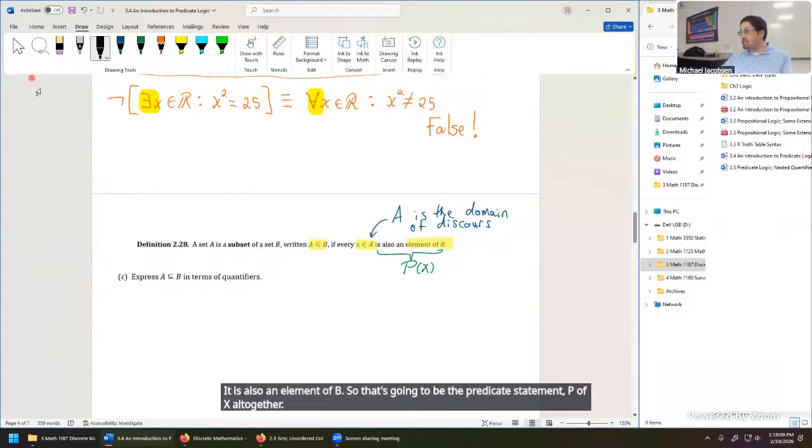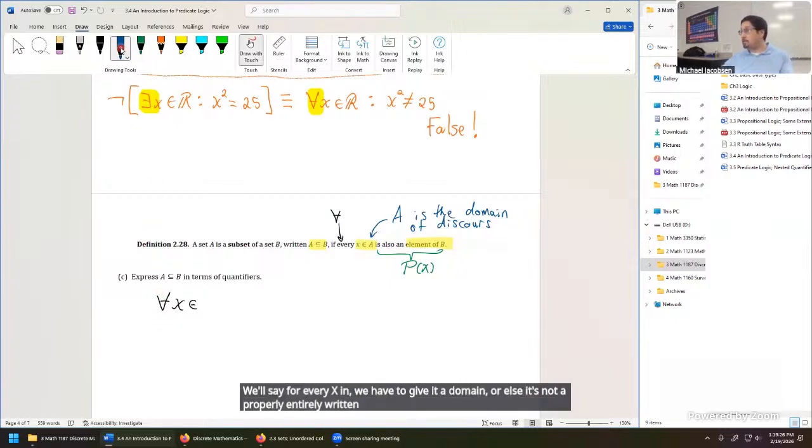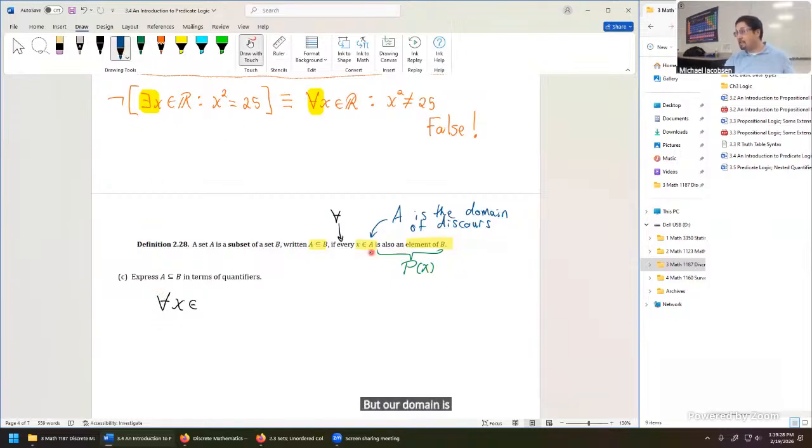So now when we go to write this out, we'll start here where it says for every. That's the universal quantifier. We'll say for every X in, we have to give it a domain or else it's not a properly, entirely written out statement. But our domain is going to be elements of A. In the subset relationship, that's really all we care about.